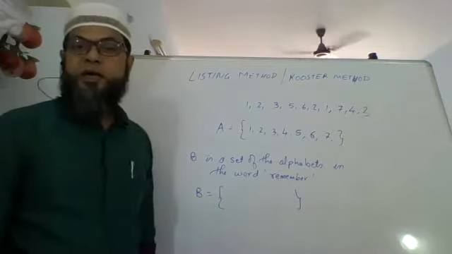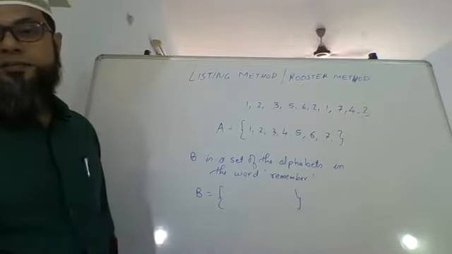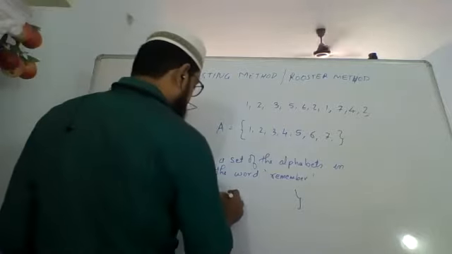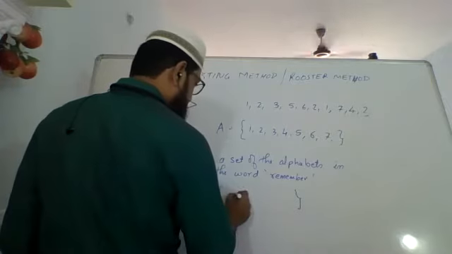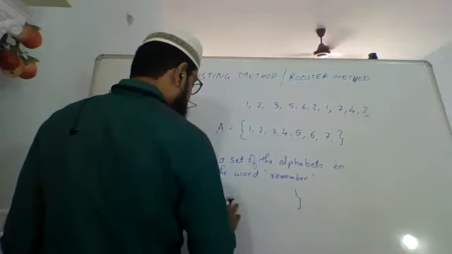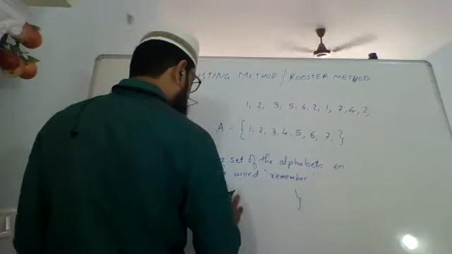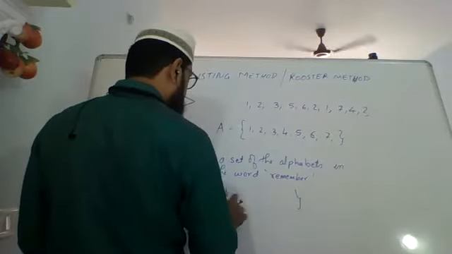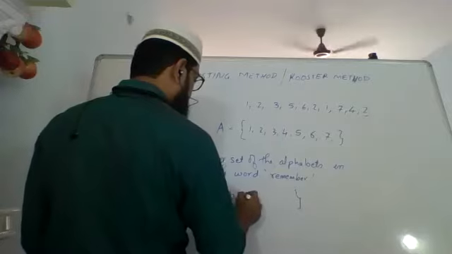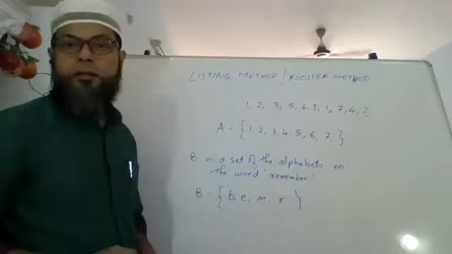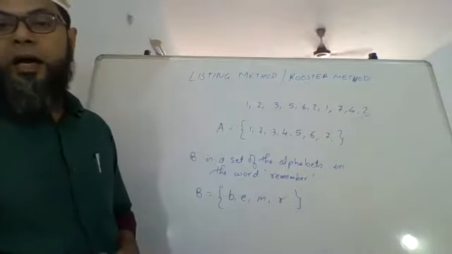Affan, R is coming twice. You can't have R twice. Okay, so it will be B, E, M, and R. Of course, you'll write it in small letters.